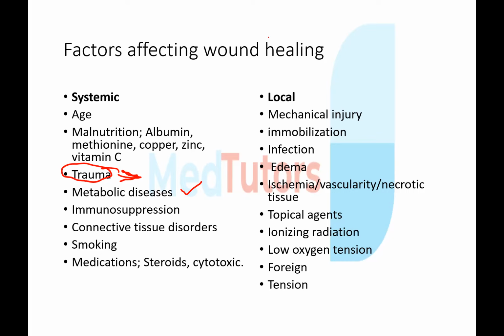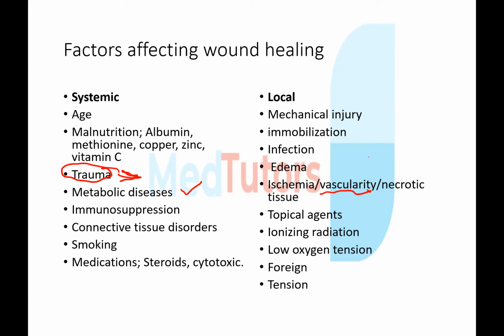Edema will also prolong wound healing by impairing blood supply to the site. Ischemia prevents blood supply and oxygen delivery to the tissue. Where you have increased vascularity, wound healing is aided.